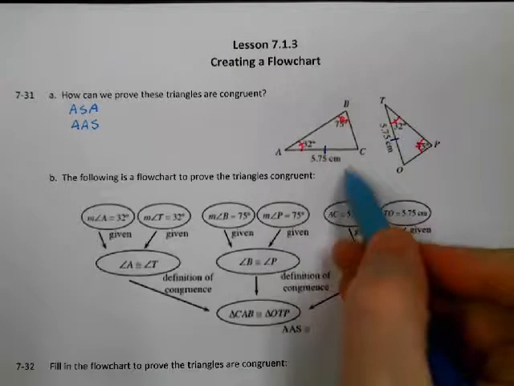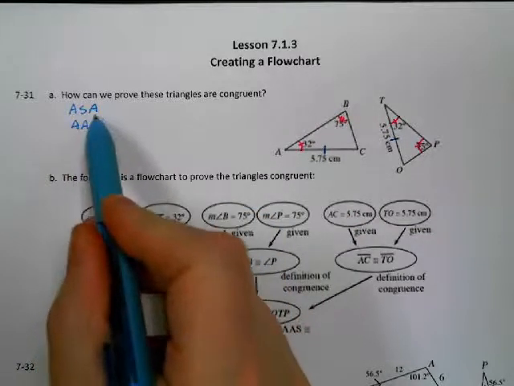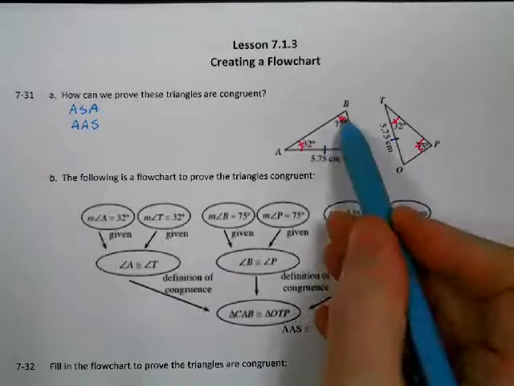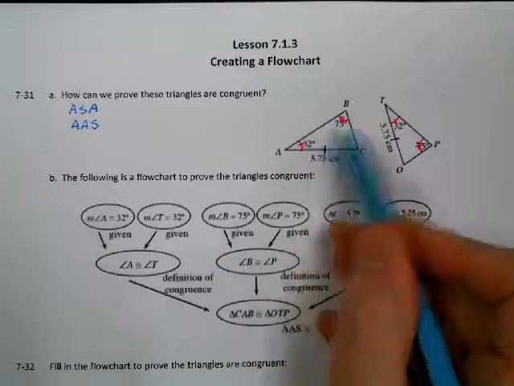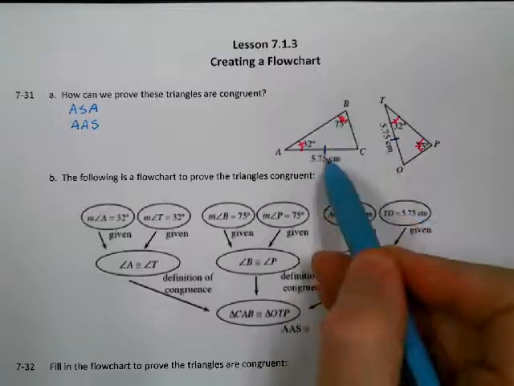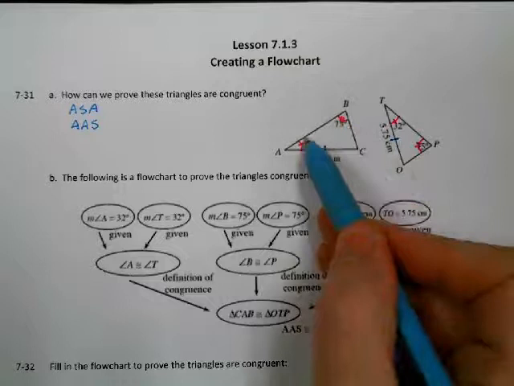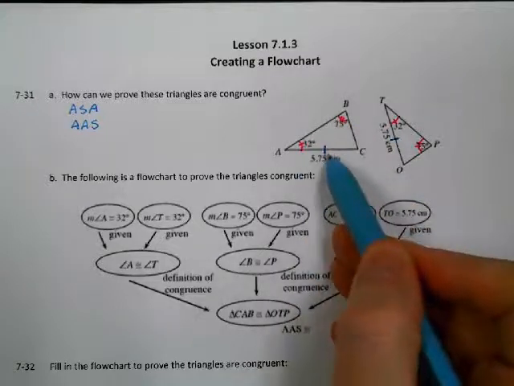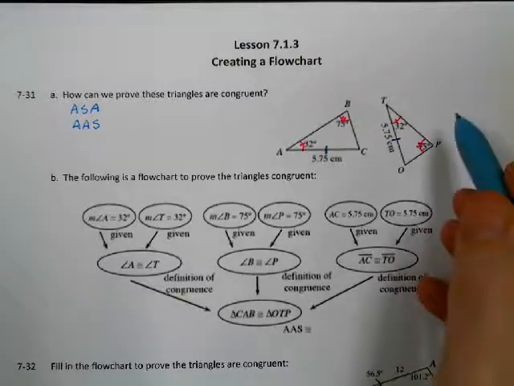So we now have three things. Now, are these three things one of these two? Is it angle side angle? Well, let's see. If it was angle side angle, the side would have to be between these two angles. So no, it doesn't look like I got angle side angle there. Is it angle angle side? Angle, angle, and then a non-included side. Okay, it looks like it might be that.